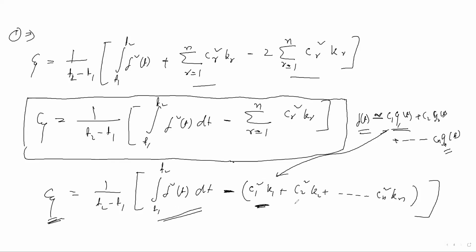If you take another function to represent this FT, then the summation makes this overall term less. When you take two terms, the error decreases. When you take three terms, the error gets a lesser value. If you take n equal to infinity terms, it's going to equal this term, then the error will be 0.